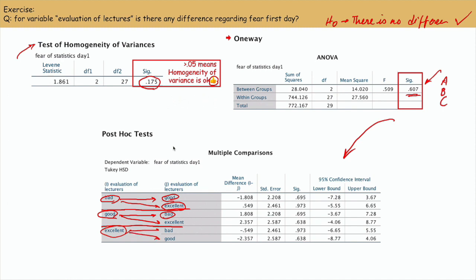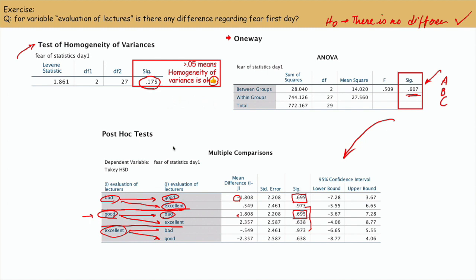If you look at the values, for example, between bad and good, your level of significance is 0.695, and between good and bad, it's also the same value. But if we look at the mean difference, we can see that here we have a minus, and here a plus for these values. You have the repeated values in many other parts also, as you can see here.